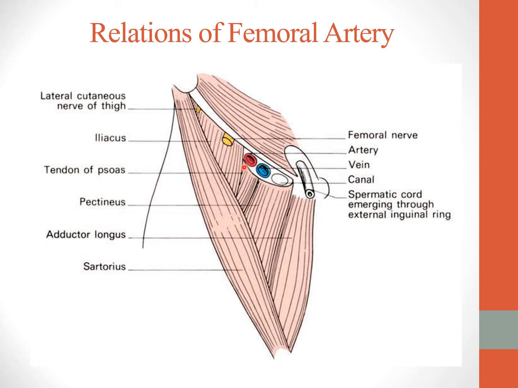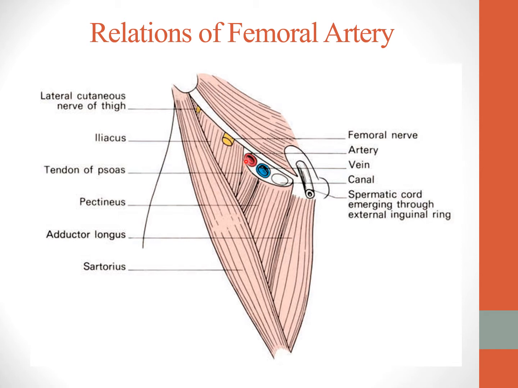The lateral compartment is for the femoral artery, the intermediate compartment is for the femoral vein, and the most medial compartment, which is also known as the femoral canal, is for lymph nodes, which are known as lymph nodes of Cloquet. So the femoral vein lies medial to the femoral artery and the femoral nerve lies lateral to the femoral artery.